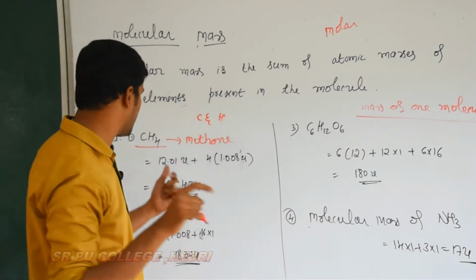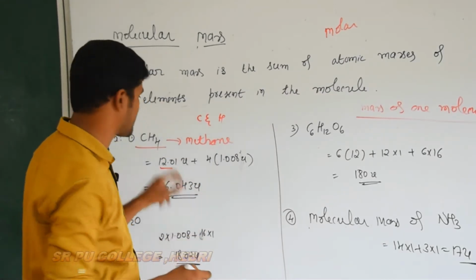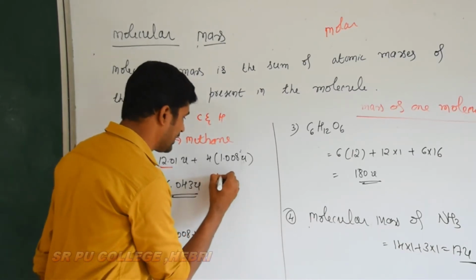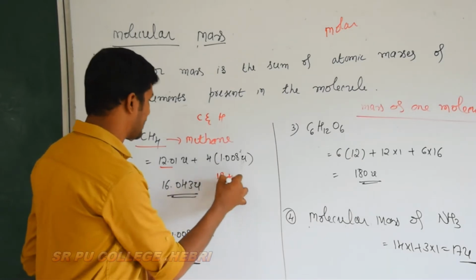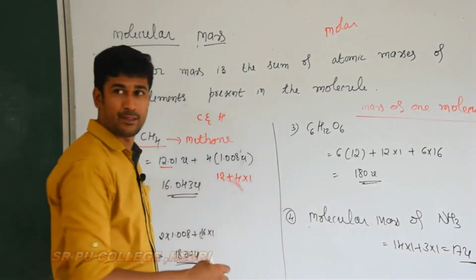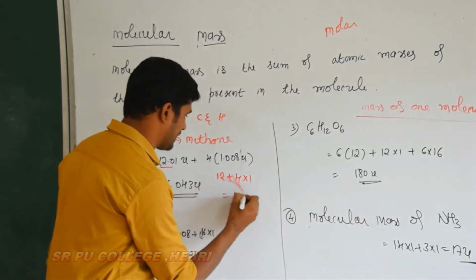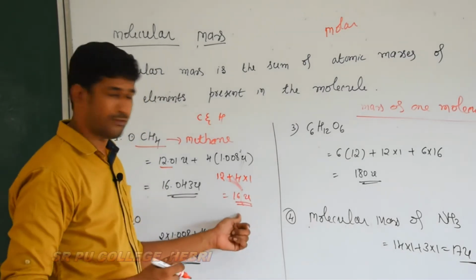There is one atom of carbon, its atomic mass is 12.01 unified mass, or you can simply take it as 12 only. Plus there are 4 atoms of hydrogen, so 4 into 1. So it is equal to 16 u, unified mass, not gram.